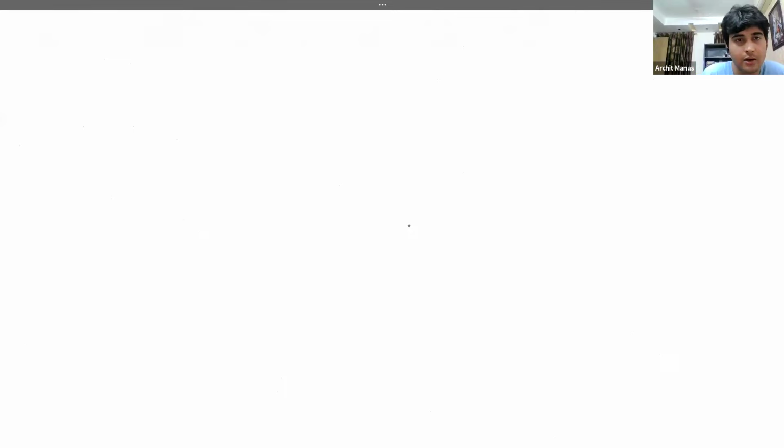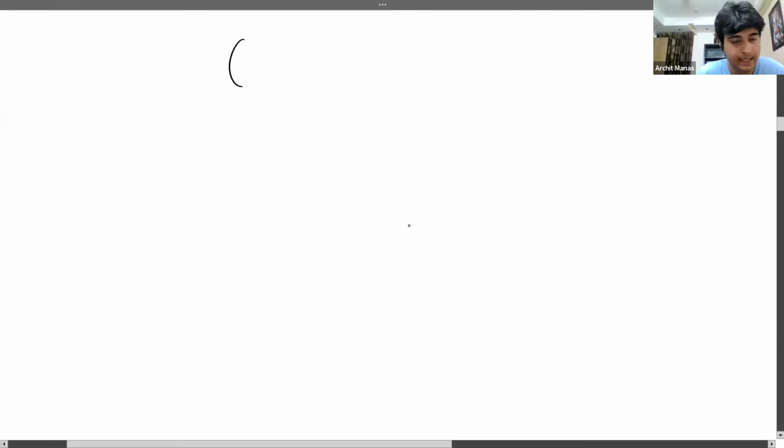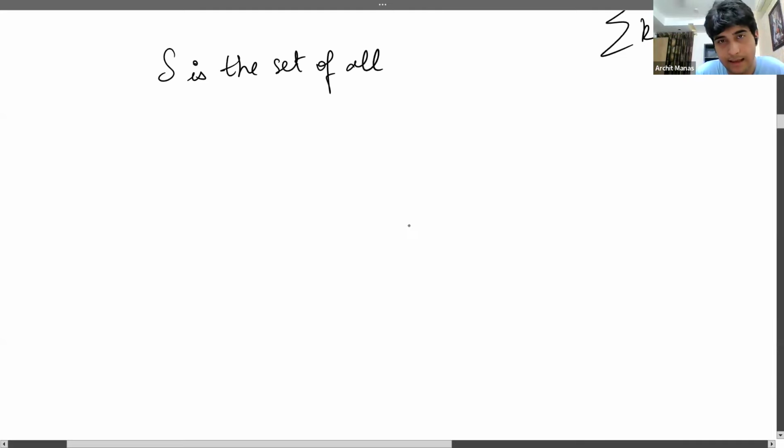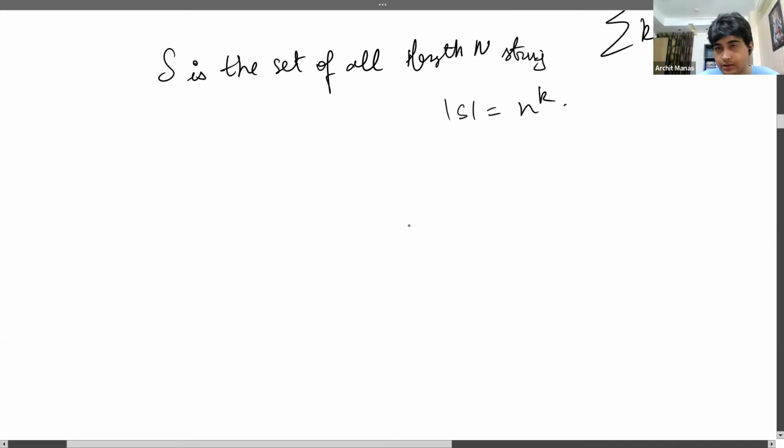What you're essentially doing is you're counting this. Let's say S is the set of all length n strings, right? So it's a set of all words that have n characters, right? So on the one hand, you have the size of S is equal to k to the n.